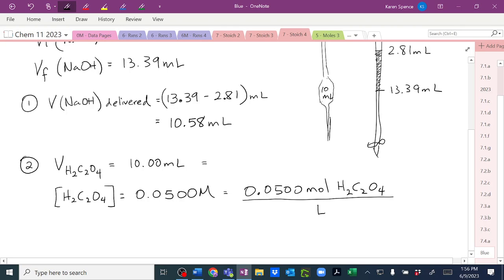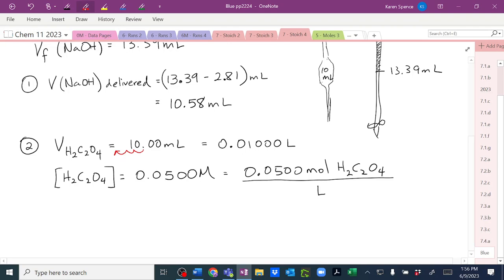Convert it into liters. So we're going to move our decimal place 1, 2, 3 places to the left, and that's going to be 0.0100 liters. So question number 2 says find the moles of H2C2O4. Can we do that using this information?